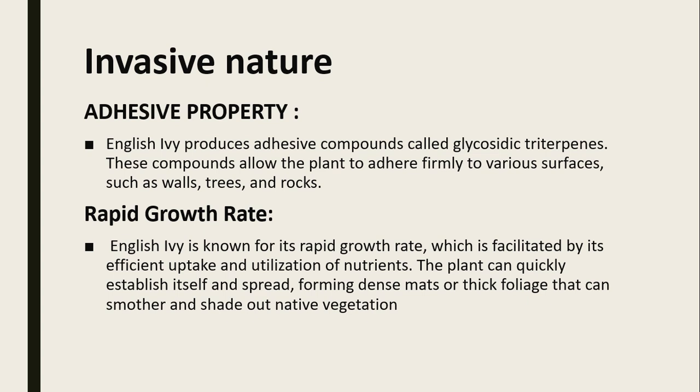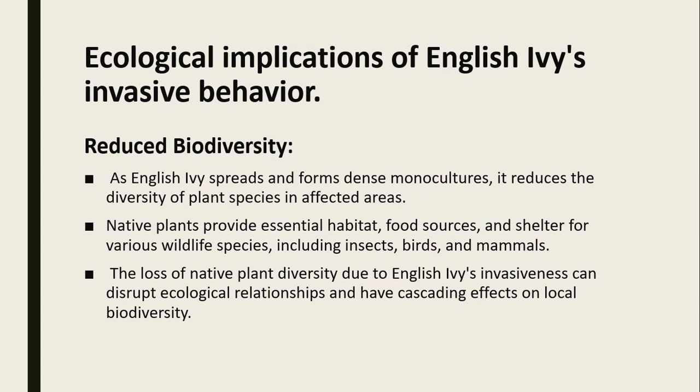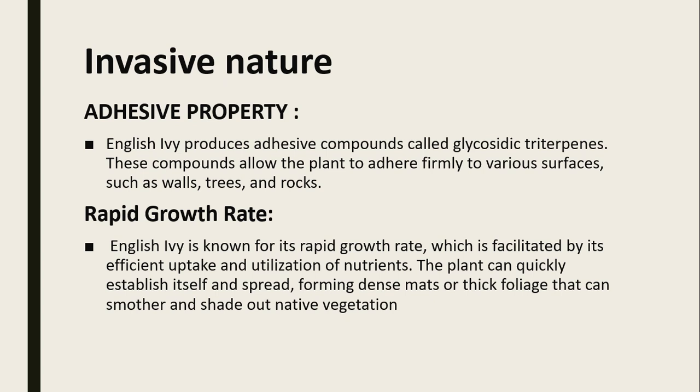Invasive nature. English ivy also has an invasive nature because of these points: it has adhesive properties, rapid growth, and reduced biodiversity. First of all, we will discuss adhesive properties. English ivy produces adhesive compounds, which are also called glycosylated terpenes.